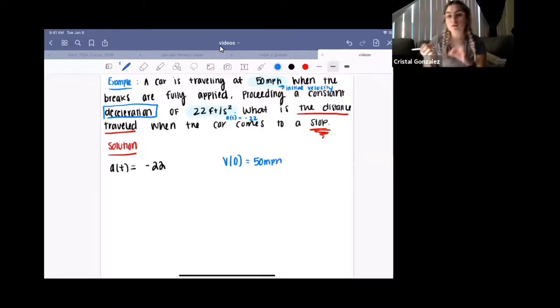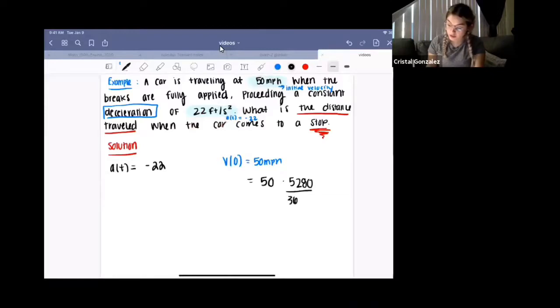But now I want you to be really careful here. The problem is that they gave us miles per hour, but here we have feet per second. So we need to do a conversion. There are two ways you could go about this. You can say 50 miles per hour, and turn it into feet per second using the conversion in fraction form, which is 5,280 over 3,600.